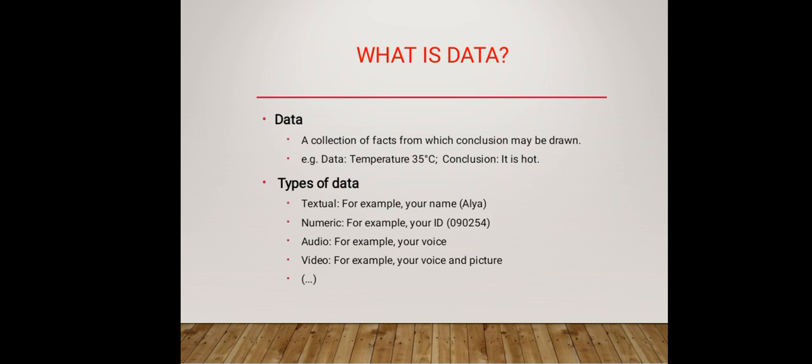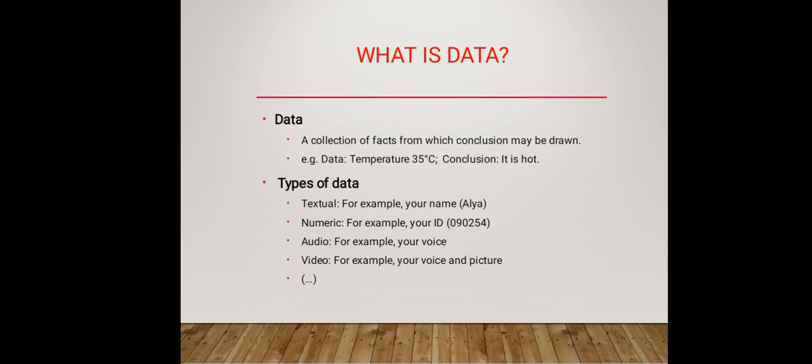If it is above 37.5 going up, we can say that is a fever. If it is less than 35.5, it's below that, it's hypothermia, like low body temperature. All that talks about factual things that usually happen.